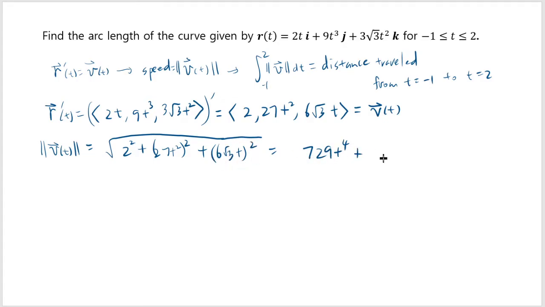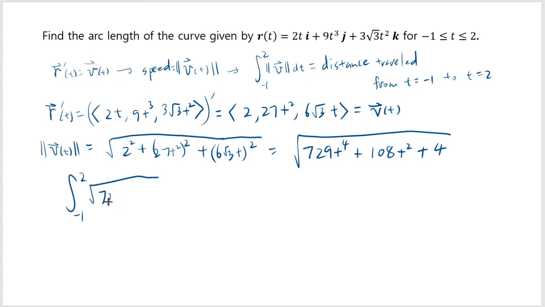And then this one will be 108 t squared. 2 squared is 4. So that's what we have. And we have to integrate from -1 to 2 the square root of 729 t to the 4th plus 108 t squared plus 4. So that's what you have to integrate.